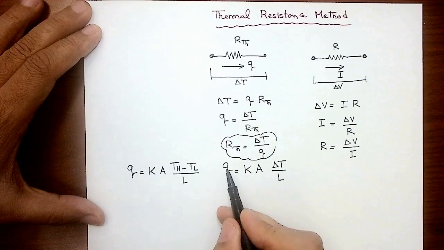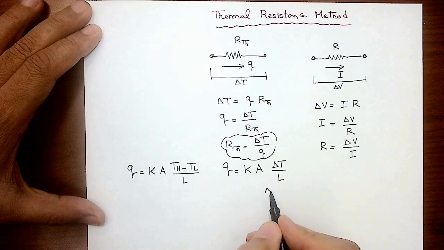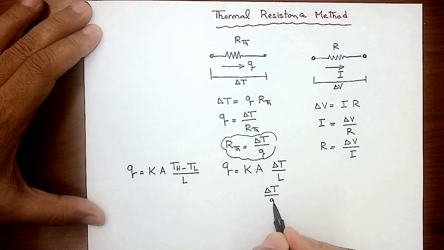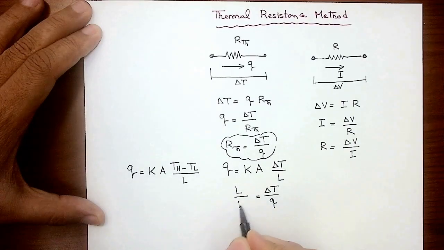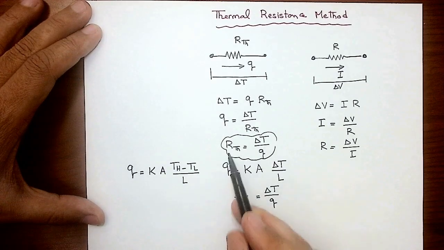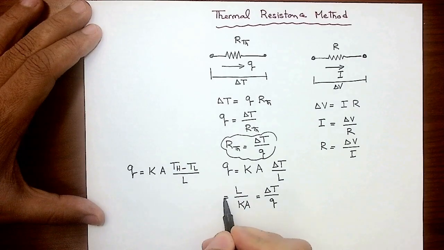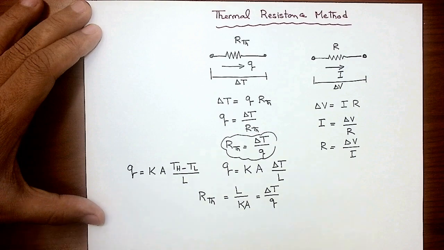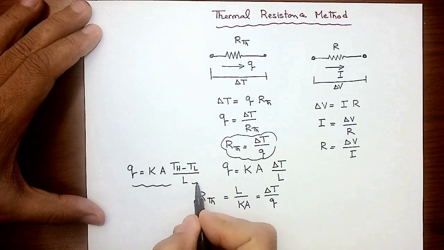So if I want to get delta T over Q, I will have delta T over Q is equal to L over K A. What is the name of that ratio here? It's the thermal resistance. So we said I can define a thermal resistance basically for the source of this equation here.